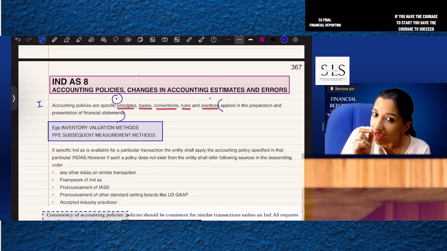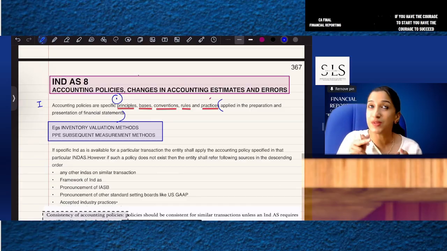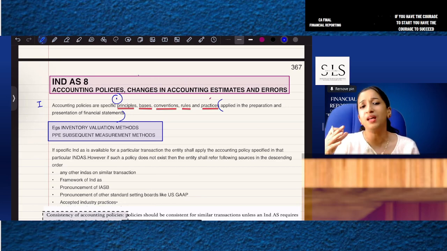So same thing, but instead of methods, they have changed the lines: accounting policies are specific principles, bases, conventions, rules, and practices applied in the preparation and presentation of financial statements.